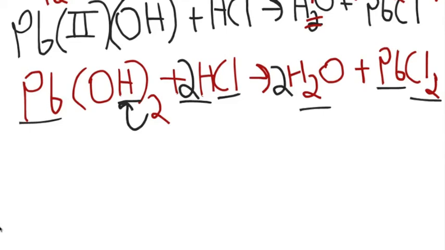On my left, I have 2 oxygen. On my right, I have 2 oxygen. This equation is now balanced. Let's double check it.